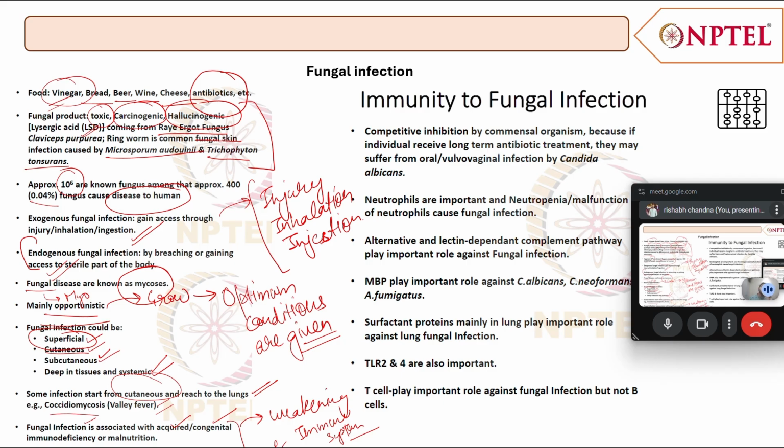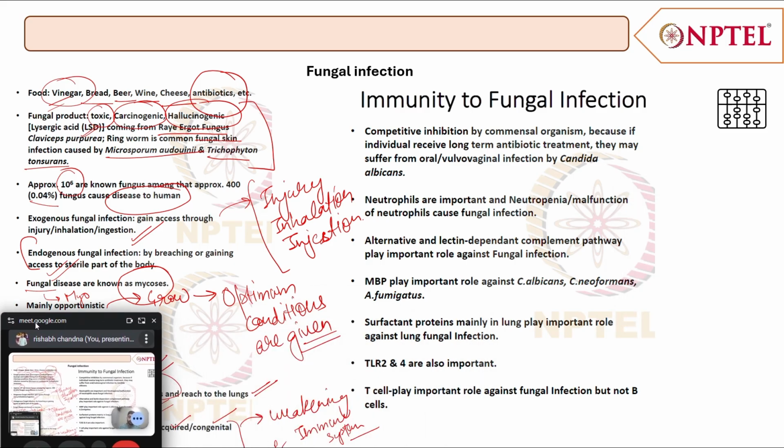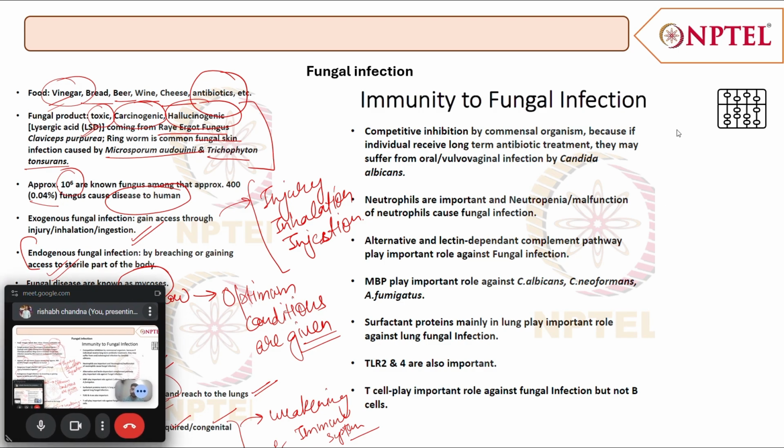Then talking about the immunity against fungal infection by the body. There is competitive inhibition by commensal organisms, because if an individual receives long-term antibiotic treatment, they may suffer from oral or vulvovaginal infection by Candida albicans.